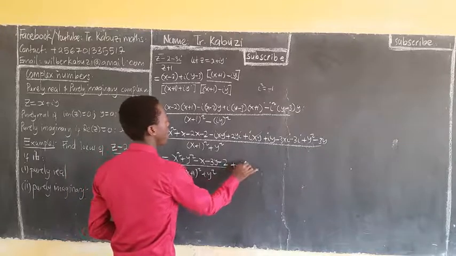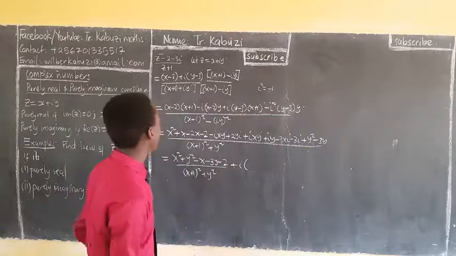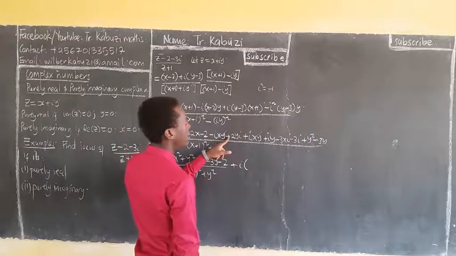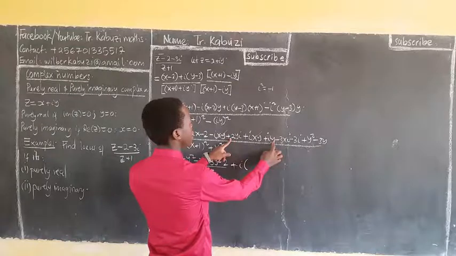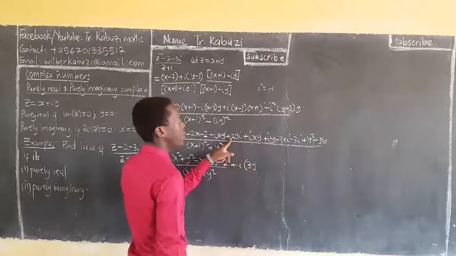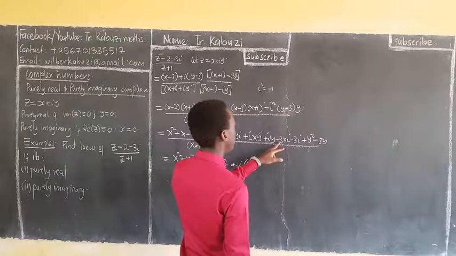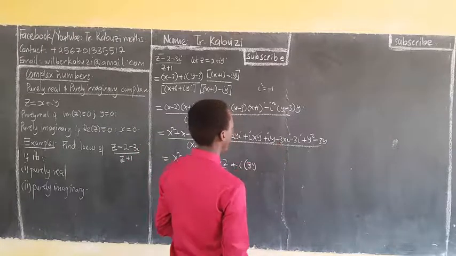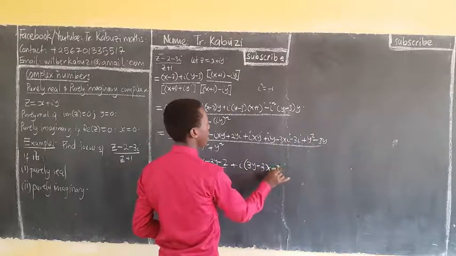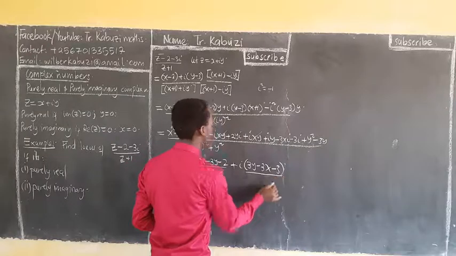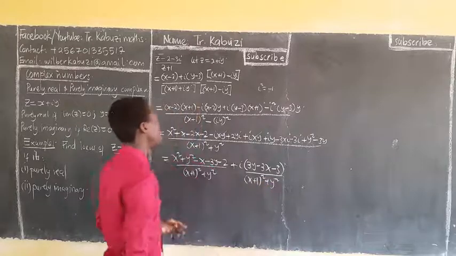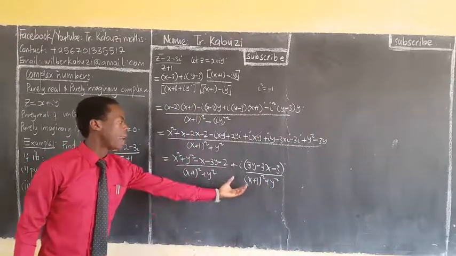Then for the imaginary, I factorize out i. If you factorize out i, I'll first be having 2y plus 3y. Then this will be negative 3x. When I move out i, I'll be having this, then this will be minus 3. The whole over, still the denominator x plus 1 squared plus y squared. So I've separated it into real and imaginary.